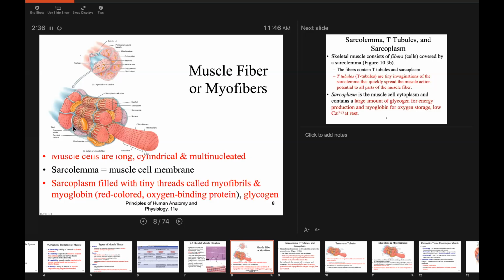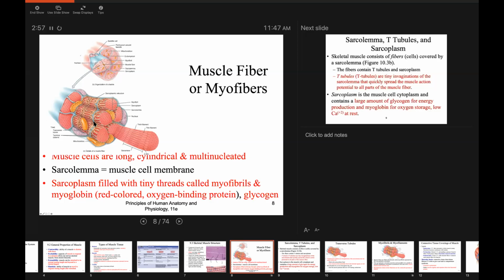That low calcium environment is going to be very important, especially when we want the muscle to rest. Why is there such a low amount of calcium in a skeletal muscle cell at rest? Because all the calcium is stored and concentrated on dilated sacs called terminal cisterns.